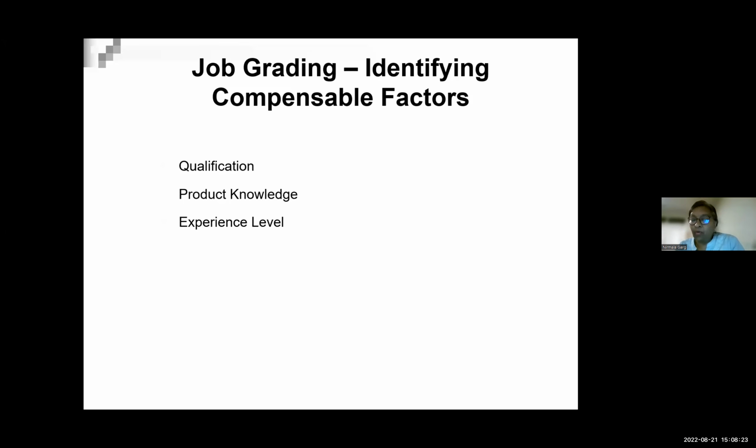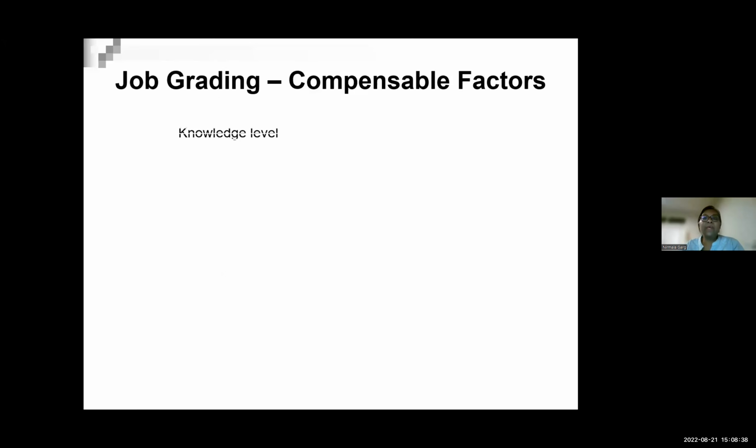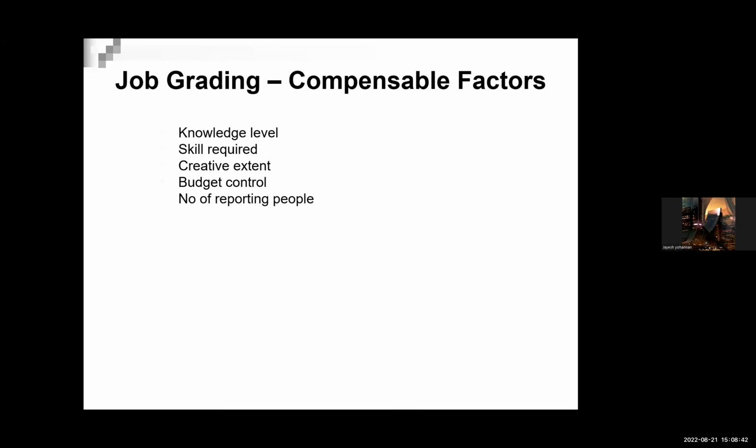We talked about qualification, it could be product knowledge, experience, span of control, business output, supervisory level, in the sense of how many people you are supervising. Then it could be knowledge level, skill, creativity, budgetary control, number of people reporting. So these are various compensable factors. So what is the first step in grading? You need to identify compensable factors.